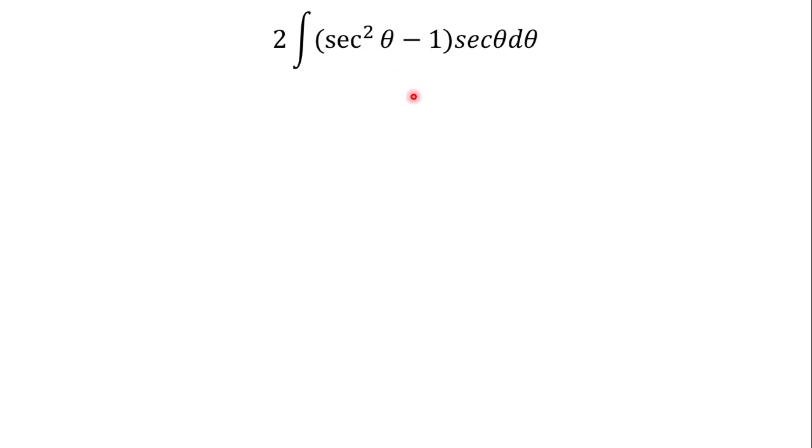Alright, now let's open the bracket. When you open the bracket, this time this one will give us secant theta raised to the power 3, and then secant theta times this one will give us the same thing as secant theta.